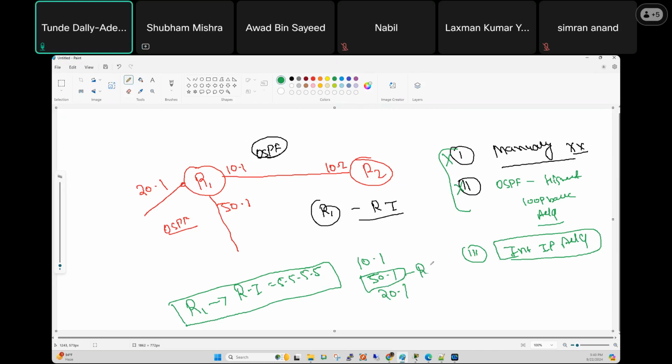So it will become the router ID. Getting my point? So this is the election criteria for router ID. I hope everyone understands.